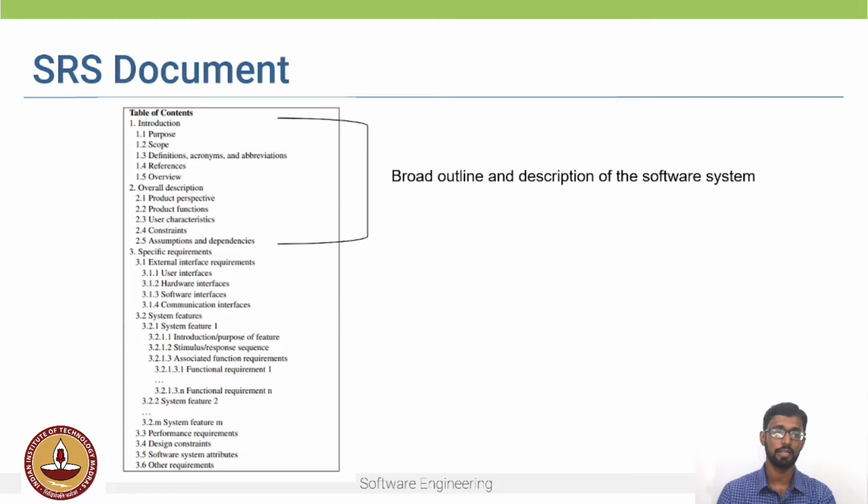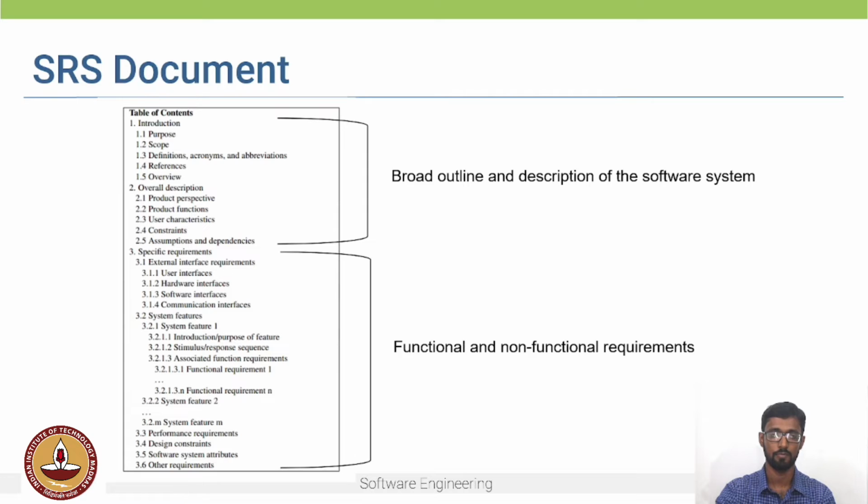For example, it contains the purpose, the scope, several definitions, acronyms and abbreviations which will be used in the software, as well as the perspective, functions, constraints, assumptions, dependencies, and so on. Now, section 3 of the SRS document contains the specific functional as well as non-functional requirements of the system.